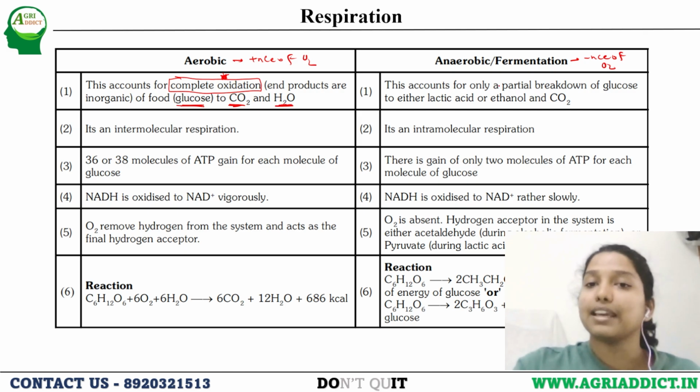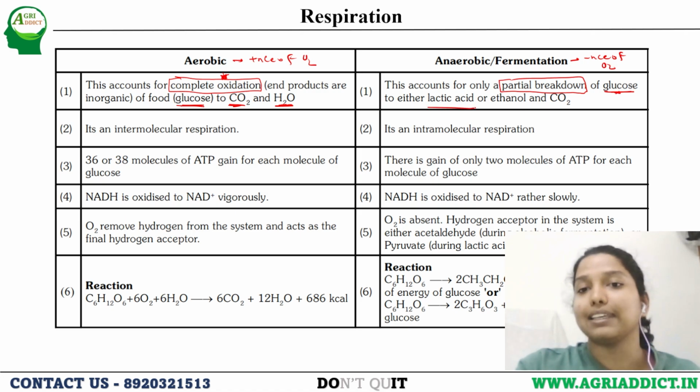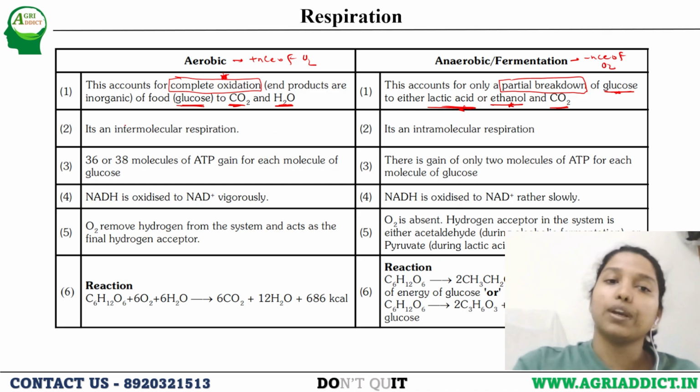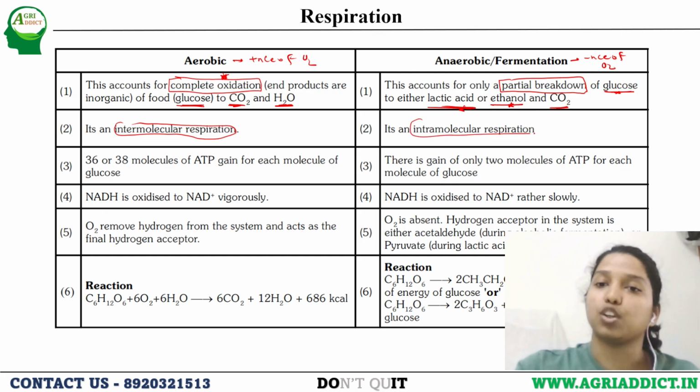Whereas in anaerobic respiration or fermentation, there is a partial breakdown of glucose. This glucose may be converted into lactic acid or ethanol plus CO2: lactic acid in lactic acid fermentation, and ethanol in alcoholic fermentation.